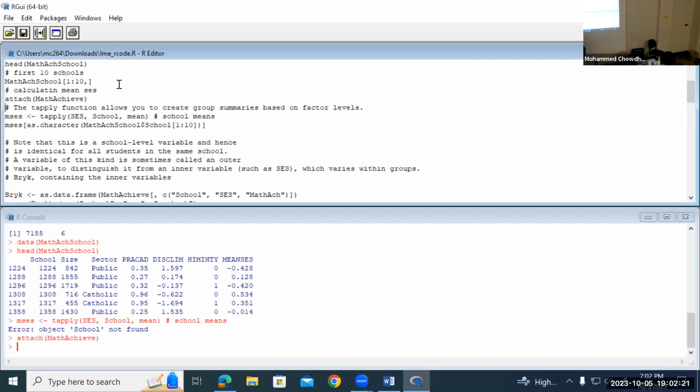You know R, right? Statistics students know R better than Python. When we attach, that means we do not need to declare the name of the data for the variables that we are using.